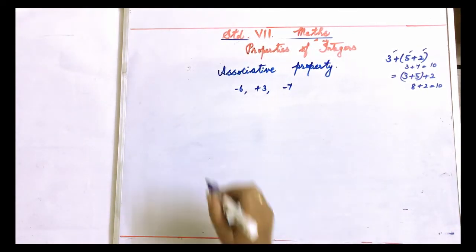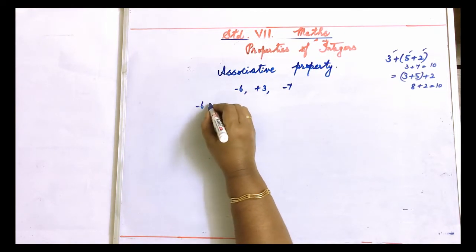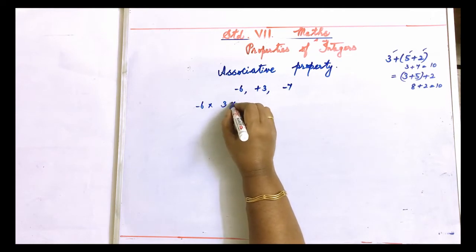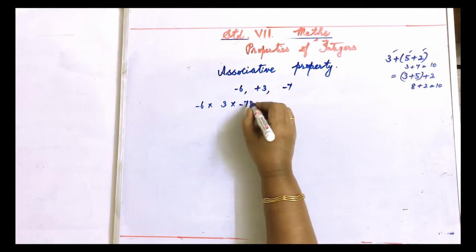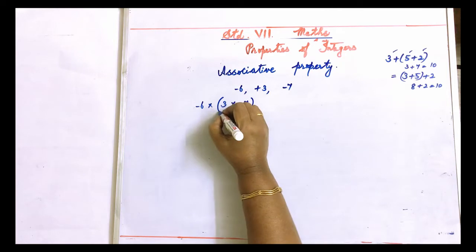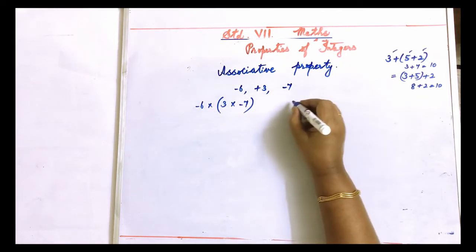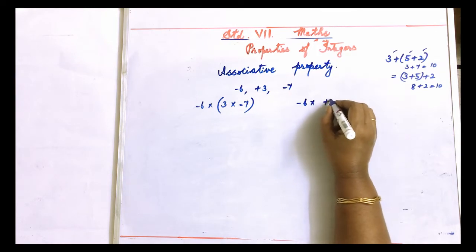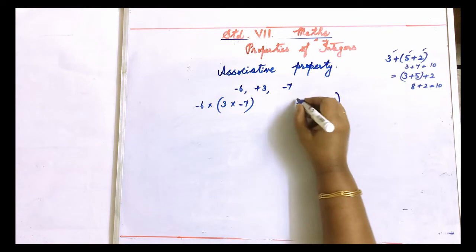So minus 6 into 3 into minus 7. Group the second and third one, we are grouping. And the right hand side is minus 6 into plus 3 into minus 7.